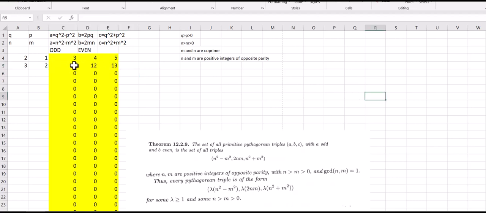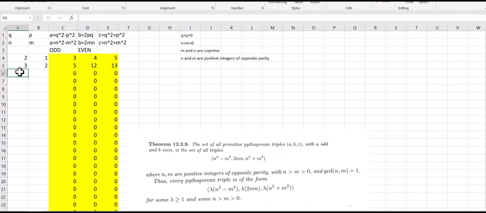If you're going to substitute these values to a squared plus b squared equals c squared, 5 squared plus 12 squared is equal to 13 squared. 5 squared is 25, 12 squared is 144, and 13 squared is 169. 25 plus 144 is equal to 169.